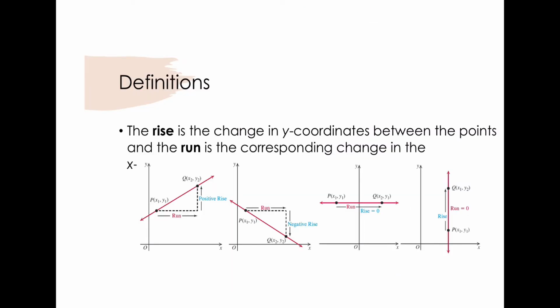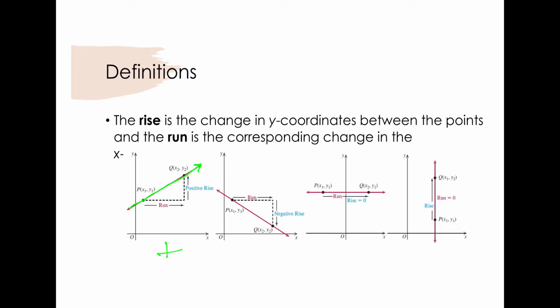So when we talk about the slope, we talk about the rise and the run. This particular graph here is of a positive slope. You'll notice it's going up from left to right. There's a positive rise. It's rising as x moves from left to right, so the run is going in a positive direction.